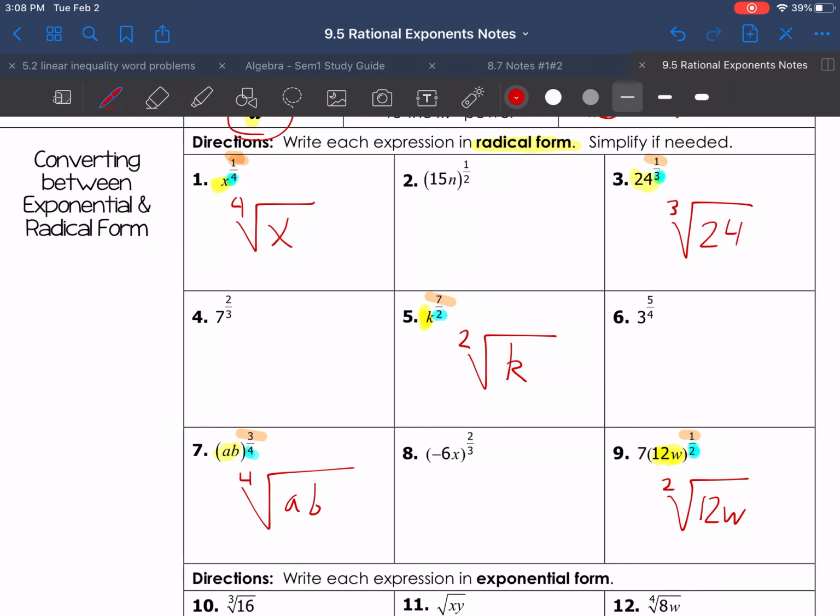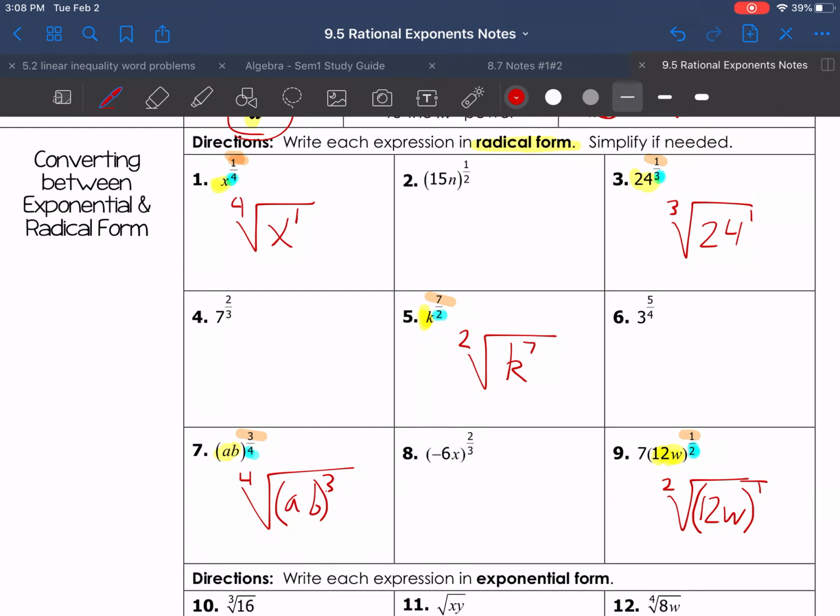So this is x to the first, this is 24 to the first, this is k to the 7th, this is ab to the 3rd, and it's actually your whole ab to the 3rd. We have to be careful there. This is 12 to the, and it's actually the whole entire 12w as the base to the first power, right?